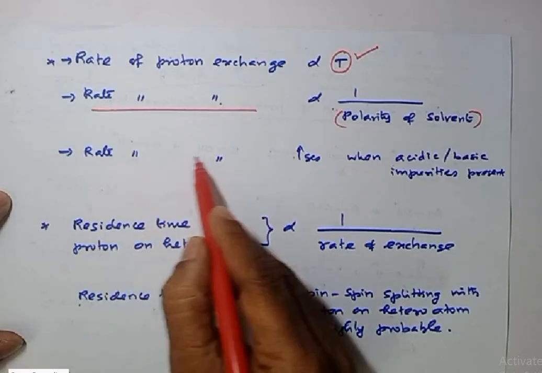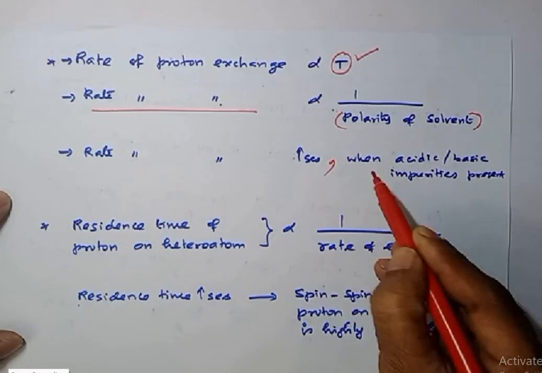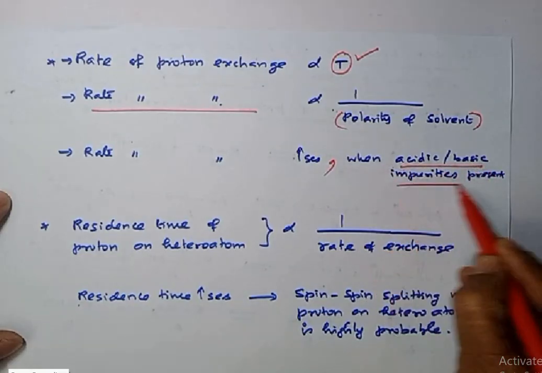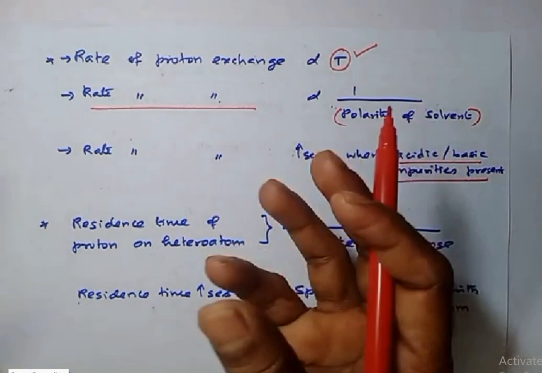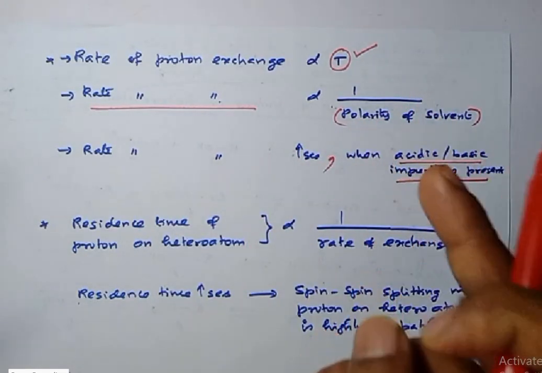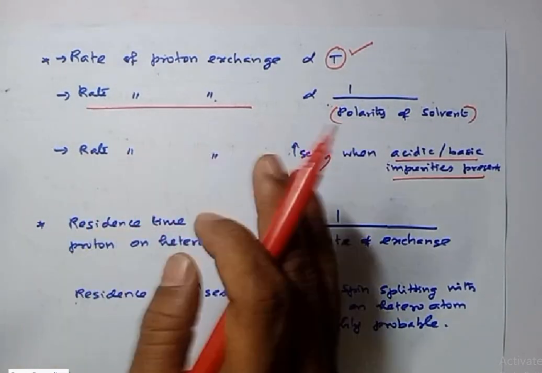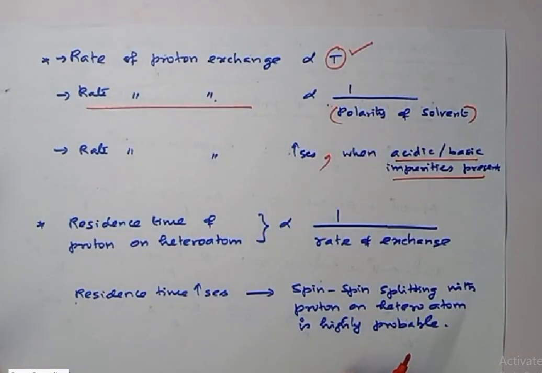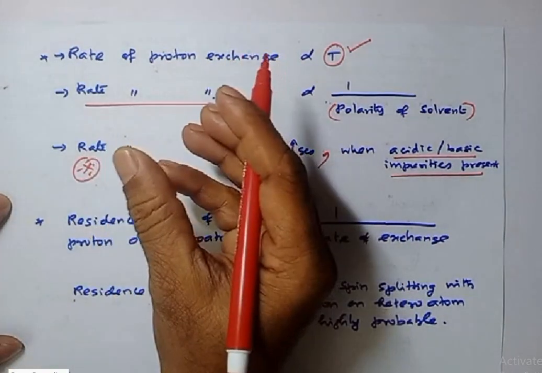Then the rate of proton exchange increases when acidic or basic impurities are present in the compound. To the alcohol or carboxylic acid or amines, if acid or base impurities are present, then the exchange rate will increase. This is a very important point. Keep this in mind. Suppose you have a pure alcohol.